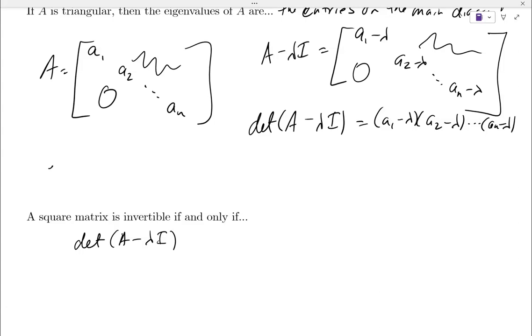If the matrix is invertible and I plug in 0 for lambda, will I get equal 0? No. So 0 can't be an eigenvalue in that case.